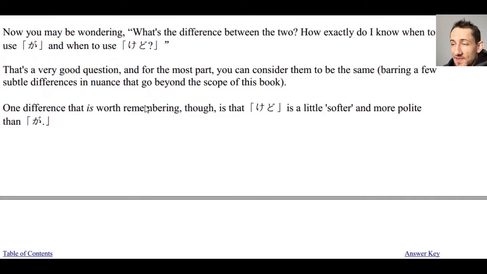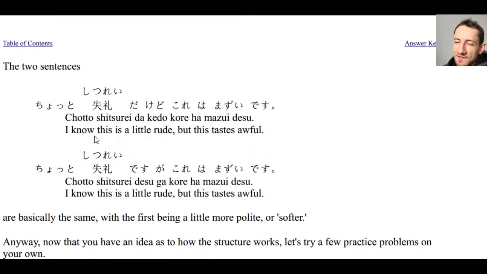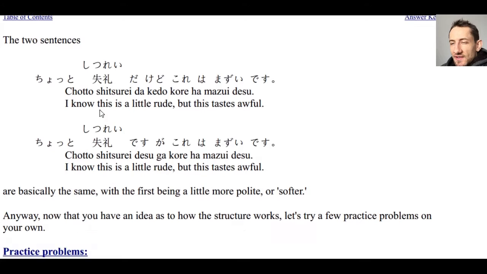But one difference that I think is worth remembering and mentioning is that kedo is a little softer or more polite than ga. So here we have 2 example sentences to illustrate. ちょっと失礼だけど、これはまずいです. So I know this is a little rude, but this tastes awful, まずい, the opposite of おいしい. 失礼だけど、これはまずいです.